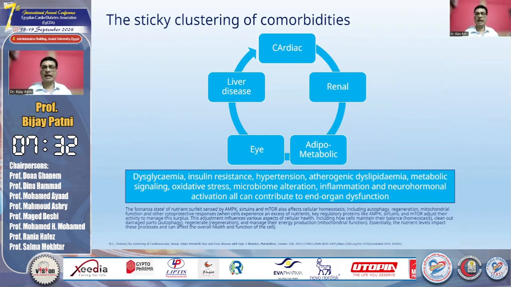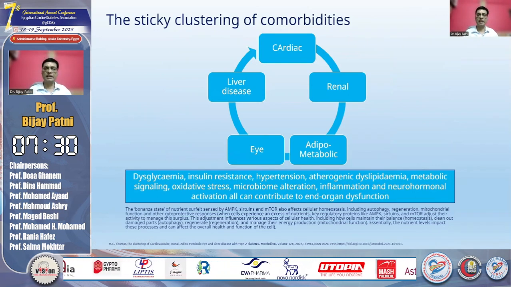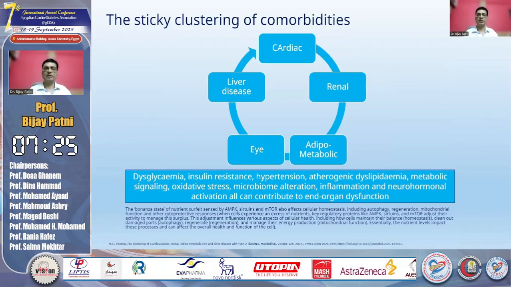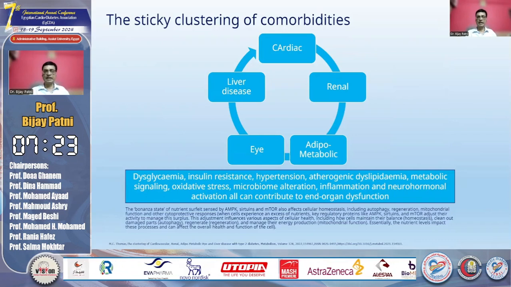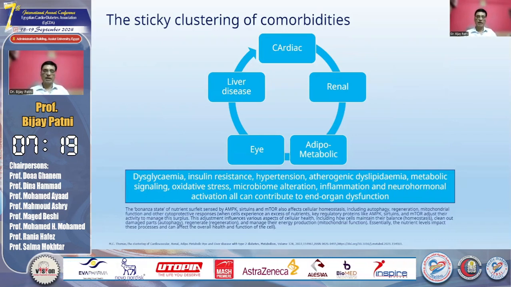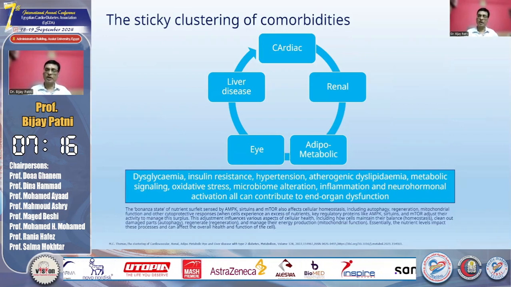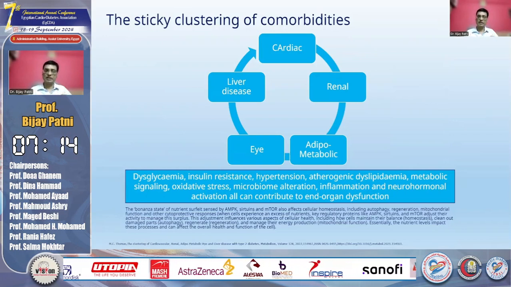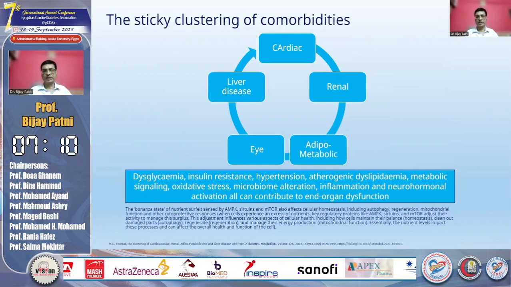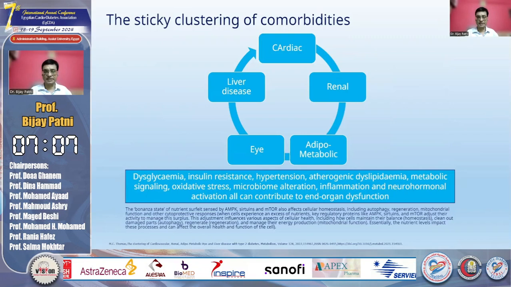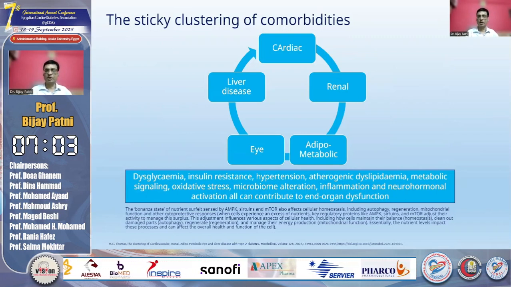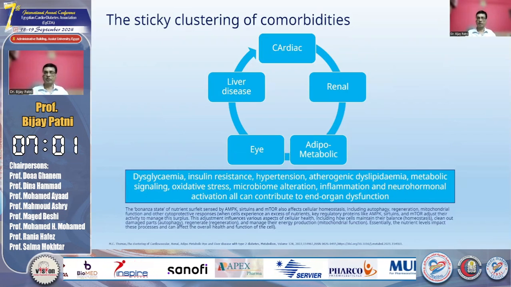So if you take the cardiac, and then you have the adipometabolic, and then you have the renal component, liver disease, the eye, and these all ultimately lead to dysglycemia, which will have insulin resistance as one of the most important factors, hypertension, atherosclerotic dyslipidemia, metabolic signaling defect, oxidative stress, microbiome alteration, inflammation, neurohormonal activation, all ultimately leading to end organ dysfunction.